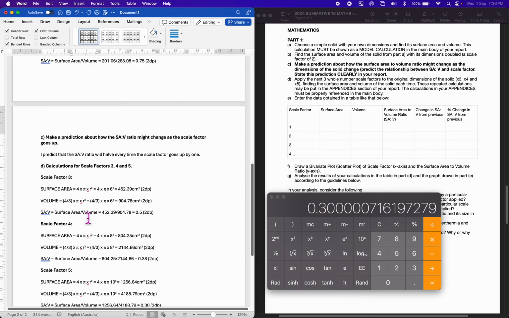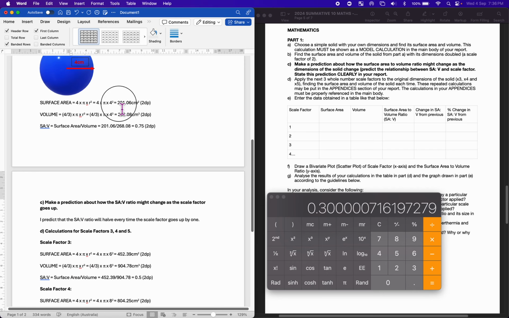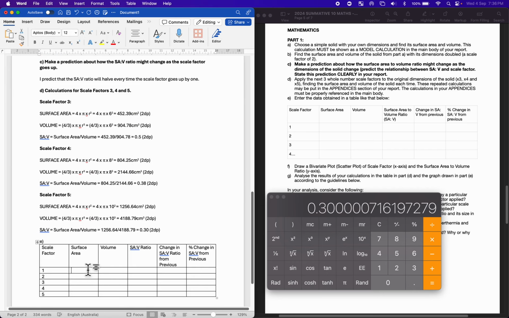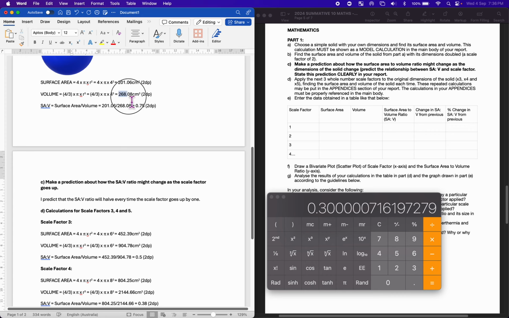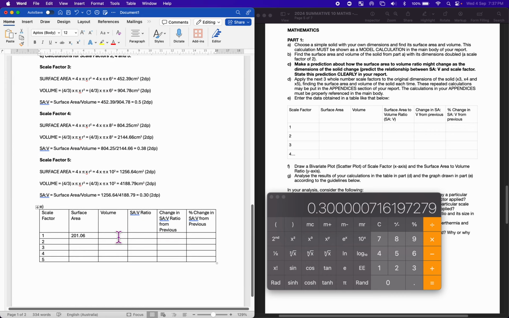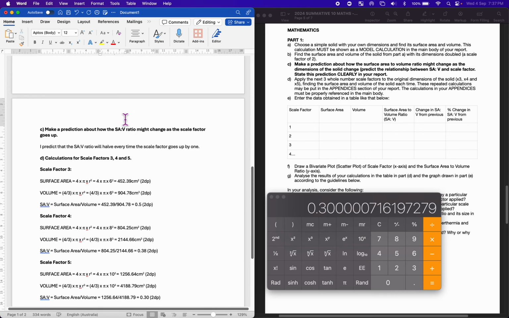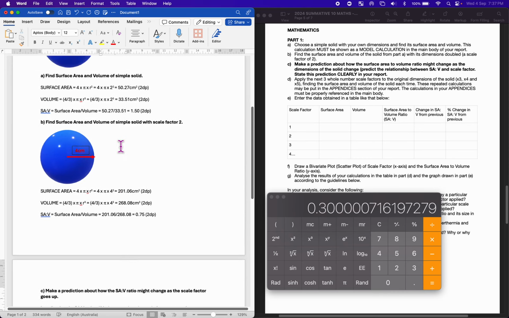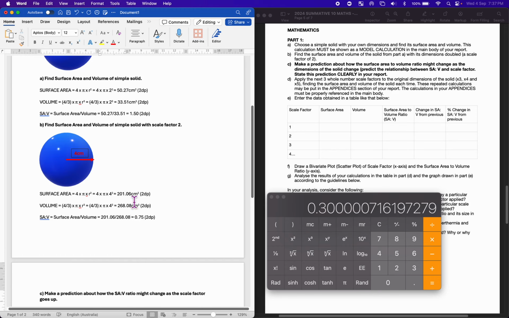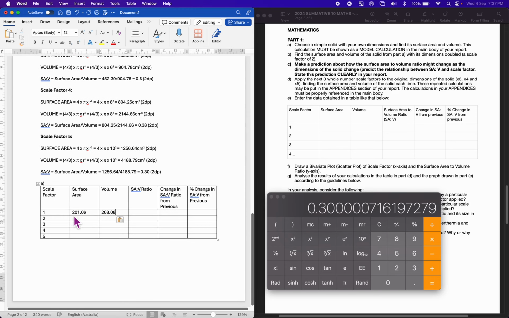What was the surface area at scale factor 1? 1.06. The volume was 268.08. So there's a lot of copy and pasting here. Oh, sorry, that was scale factor 2. My bad. Cut. That's in scale factor 2.